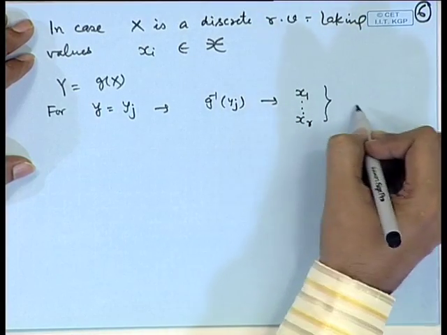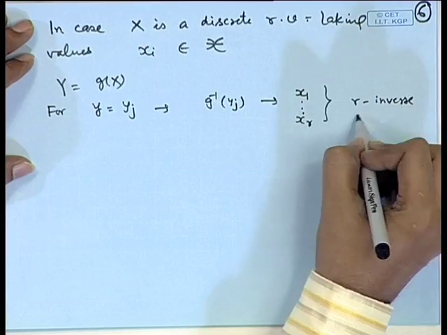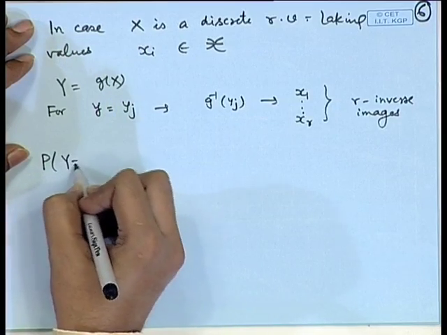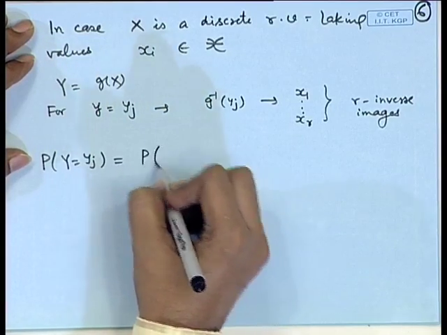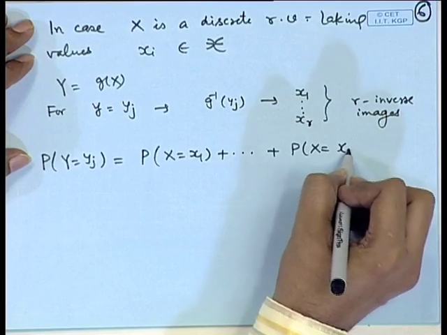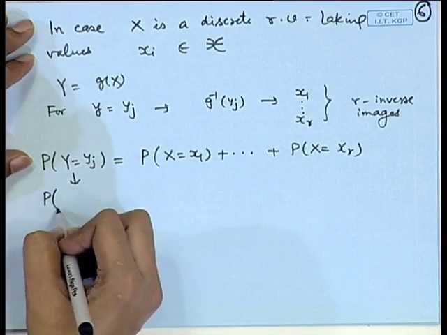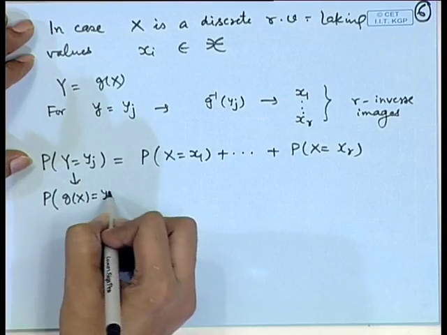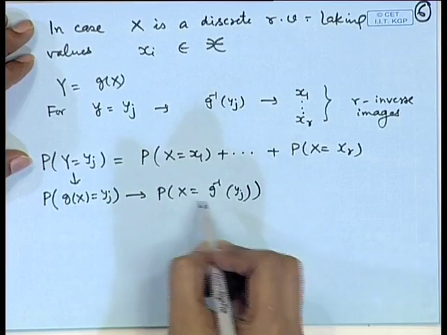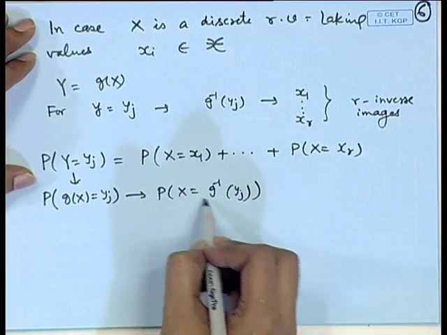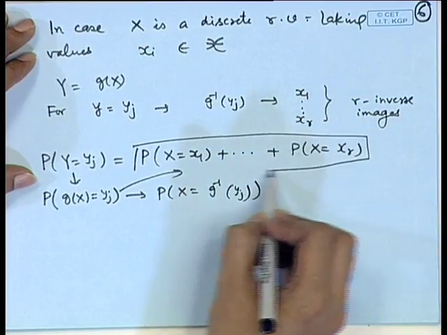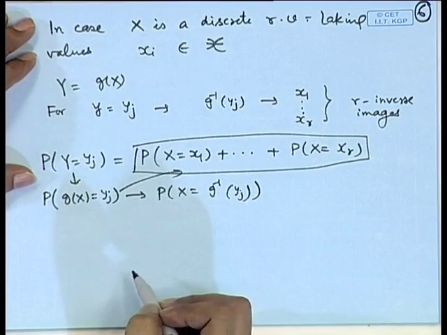That means, in general, suppose r inverse images are there. Then probability of y = y_j will be equal to probability of x = x_1 plus probability x = x_2 plus ... plus probability x = x_r, because we are writing it as probability of g(x) = y_j, that is probability of x = g inverse of y_j. Now, what are the values of x_i which lead to g(x) = y_j? So, we look at the set of inverse images and add all the probabilities.